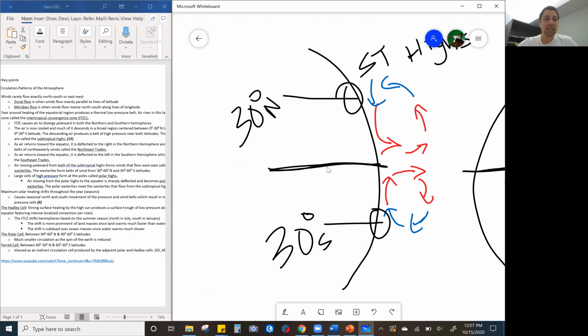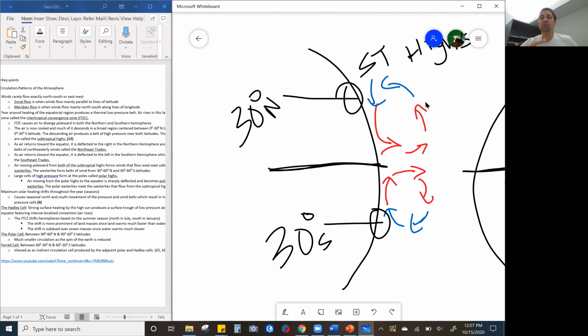And so what we're saying is that as the air converges, it's going to rise, and then it's going to return kind of back where it started, but at a much higher altitude. We know as air rises, it cools, and once it gets cool enough, it actually starts to descend.